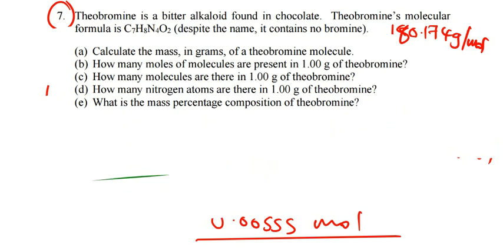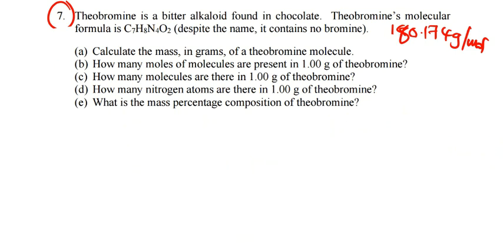Basic calculations of stoichiometry. Now, how many molecules? Whenever you're trying to determine any number, it may be molecules, atoms, ions, Avogadro's constant comes back to you. Very simple and straightforward. Avogadro's constant is 6.022 times 10 to the power 23.